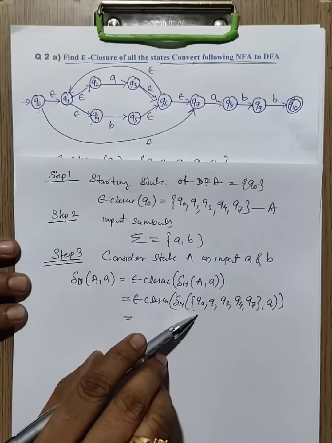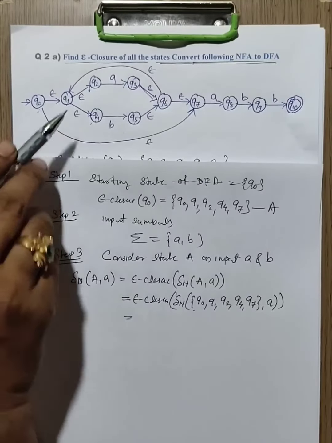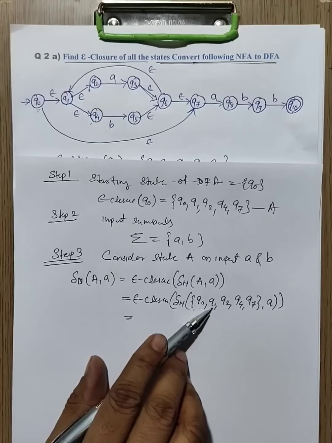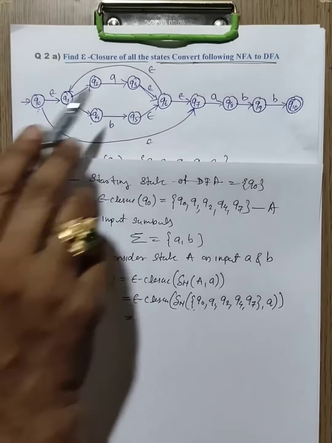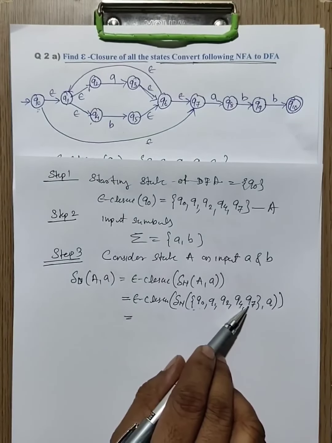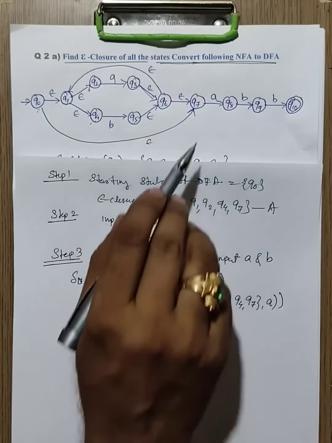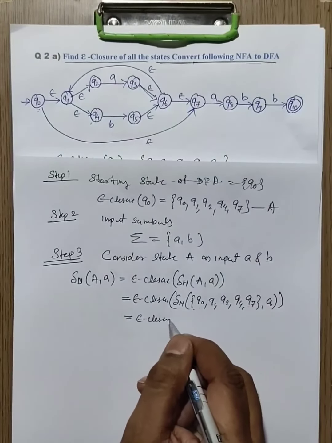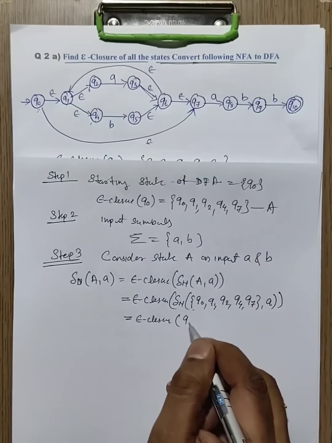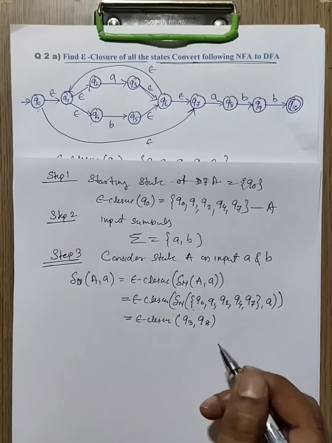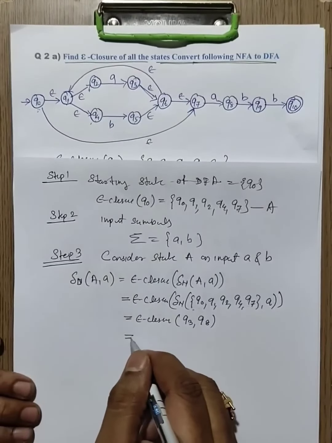Here Q0 has no transition on A, Q1 has none, Q2 on A goes to Q3, Q4 has none, Q7 on A goes to Q8. So we take the epsilon closure of Q3 and Q8.